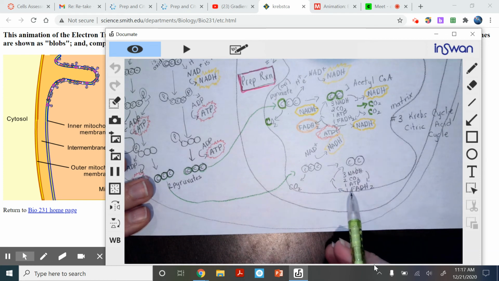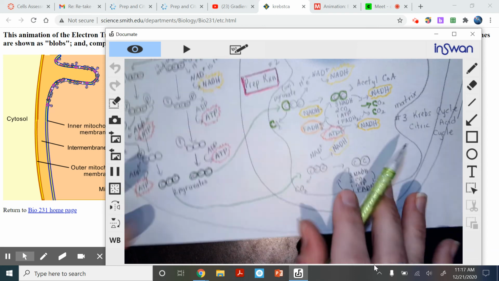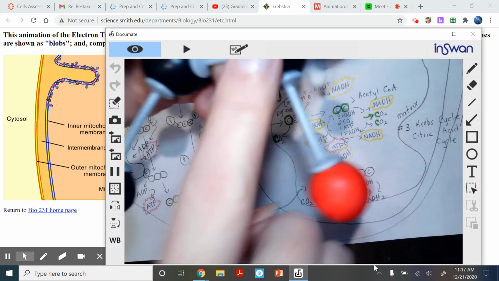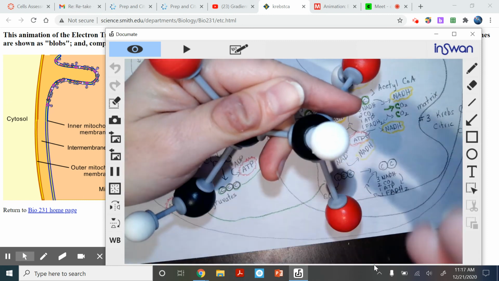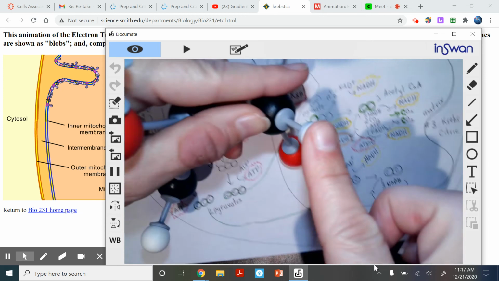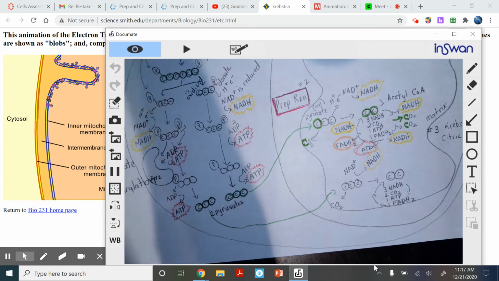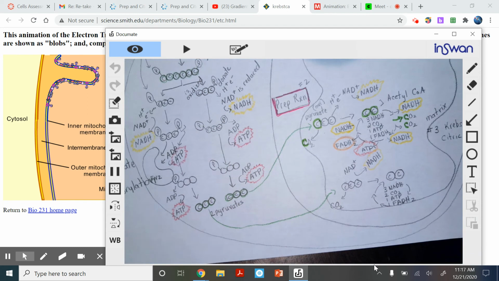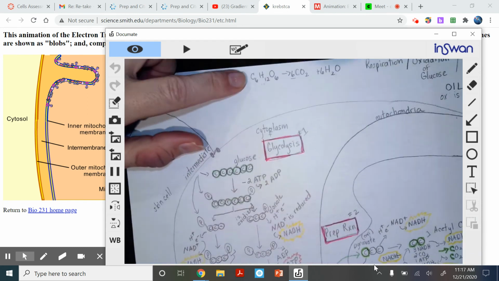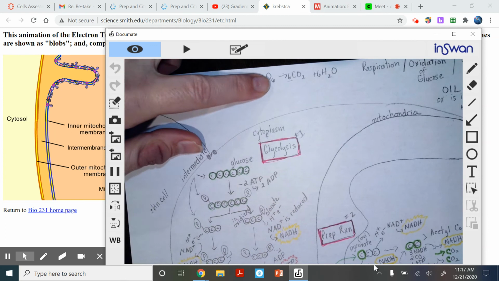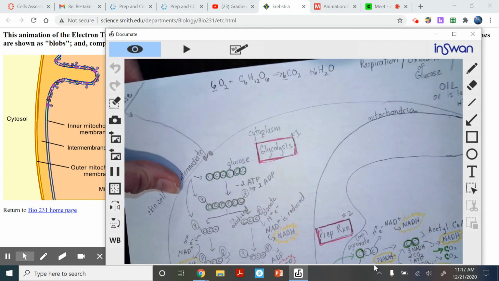All right, so FYI, at the end of the Krebs, glucose is gone. Every bit of it is gone. Every carbon atom has been removed. Every oxygen is gone too. Every hydrogen, these atoms are gone. They're just in other forms, in other molecules now. But glucose has been completely broken down. I can find everything because if I had C6H12O6, I have to still have all of those atoms.